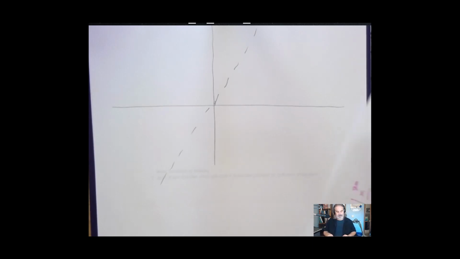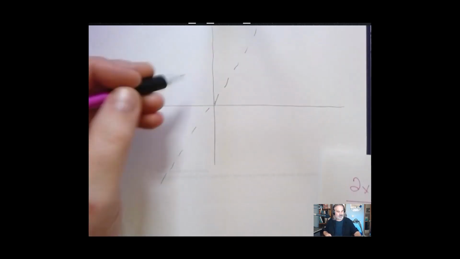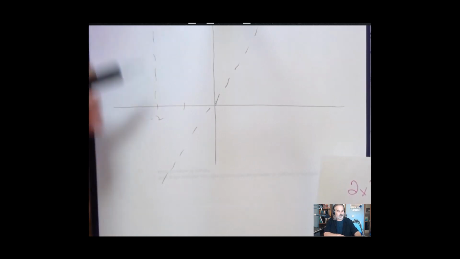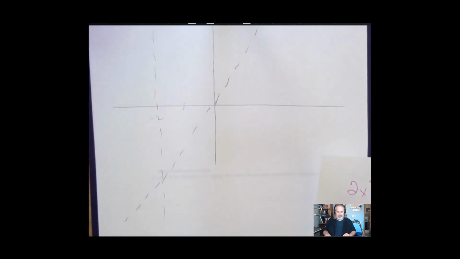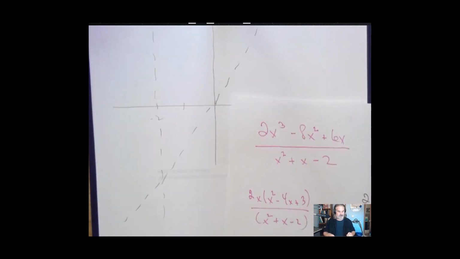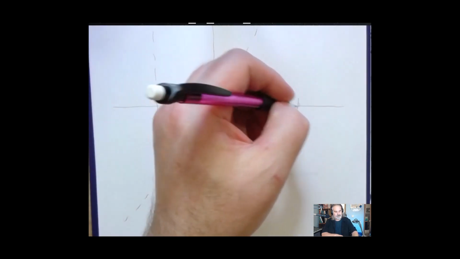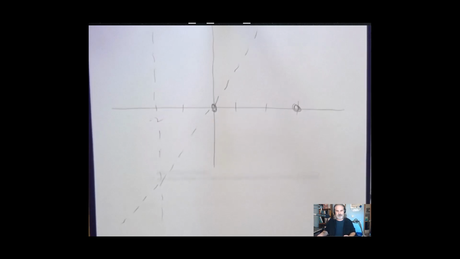Let's see, what else do we need? I might as well put in this stuff. I need a vertical asymptote at -2. Okay, so here's my vertical asymptote. And then I need x-intercepts at 0 and 3. So I know that those are points the graph of this function will have to go through.